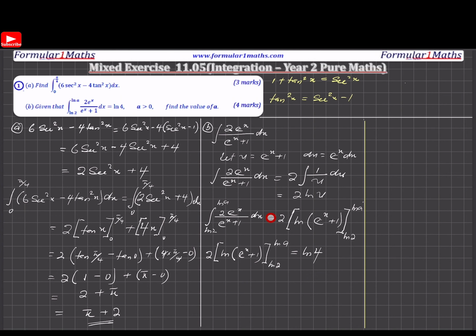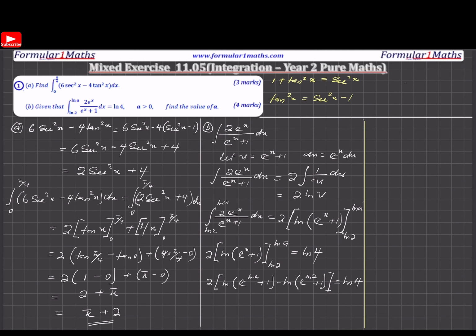So if I do the substitution, I'm going to get 2 ln e to the power ln a plus 1 minus ln e to the power ln 2 plus 1, and that will be equal to ln 4.